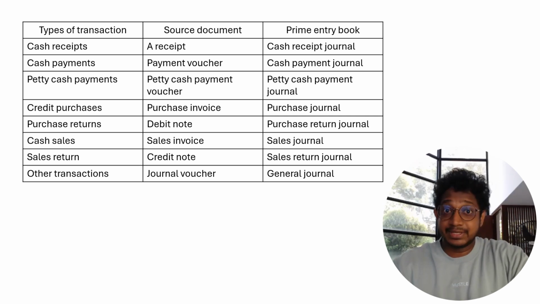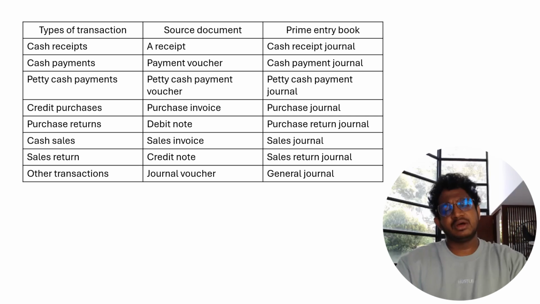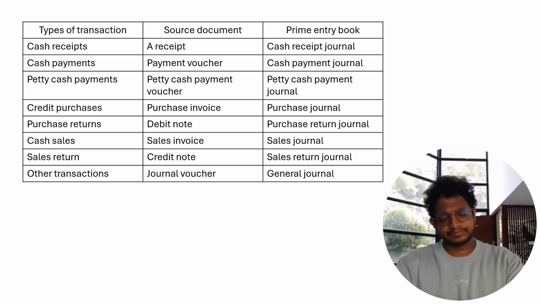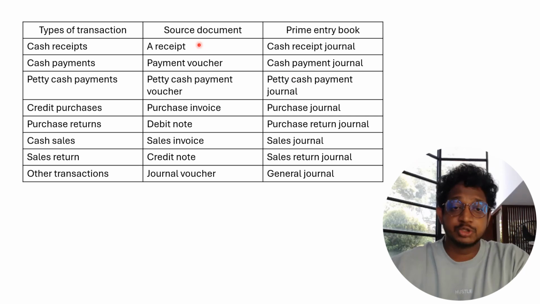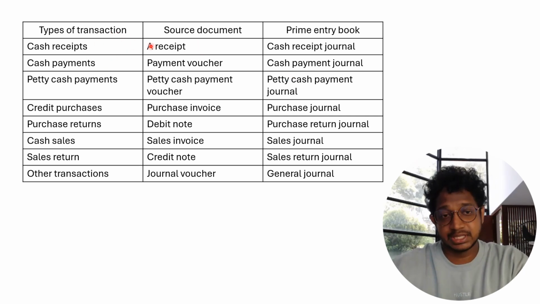So in A levels, not only in A levels but the whole journey in accounting, we have to identify 8 different prime entry books. Cash receipts you record in the cash receipt journal, and cash payments you record in the cash payment journal. The source documents for cash receipts are the receipt, and the payment voucher is the source document for cash payments.